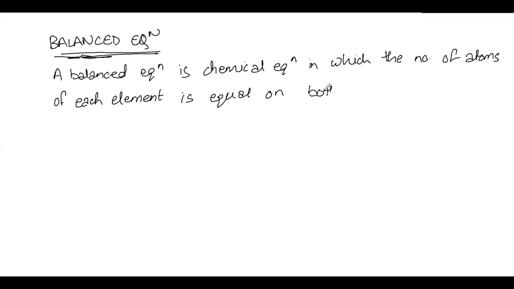Now, by both sides, I mean the reactants and the products. Okay, so this is the basic definition that we have. And to give you an idea about the same, we will take up the same example that we took last time. Now here we have Mg plus O2 gives out MgO.